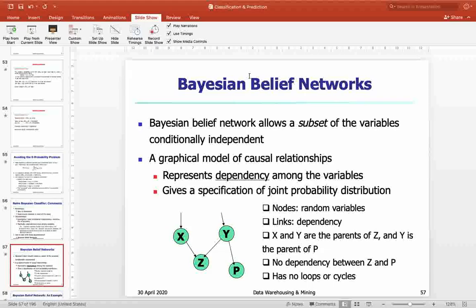It provides a graphical model of causal relationships on which learning can be performed.